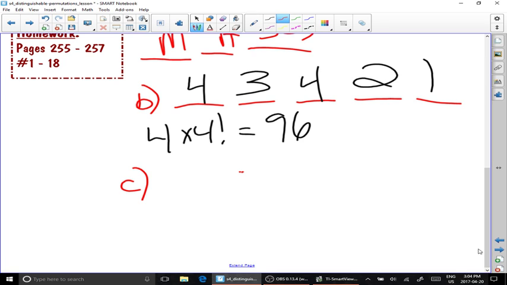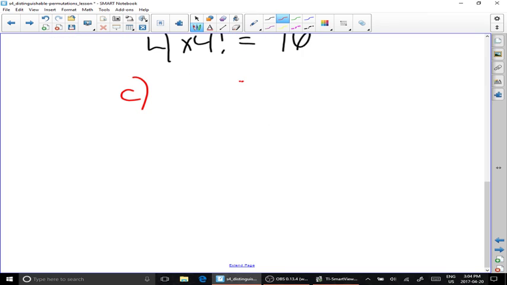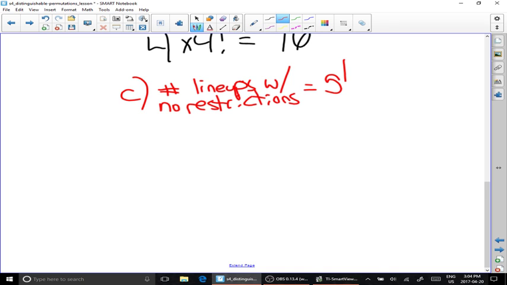5 factorial. So the number of total ways, so the number of lineups with no restrictions is equal to 5 factorial or 120. So that's the number of ways of doing it if there's no restrictions. Now you might ask why we care about that in this question.